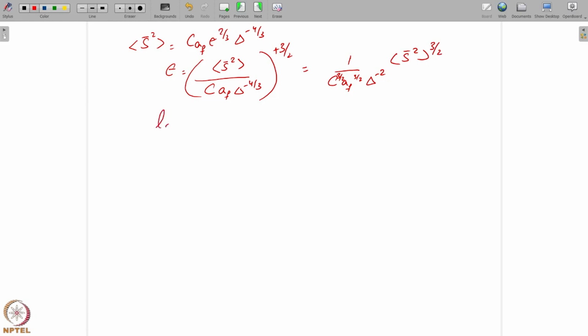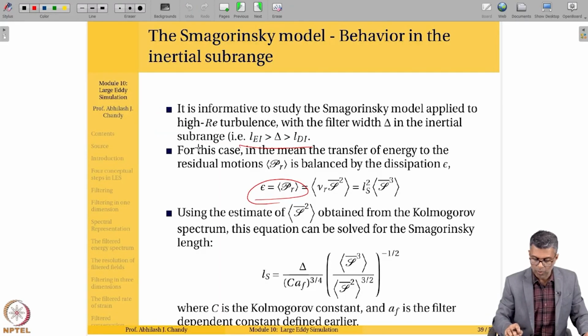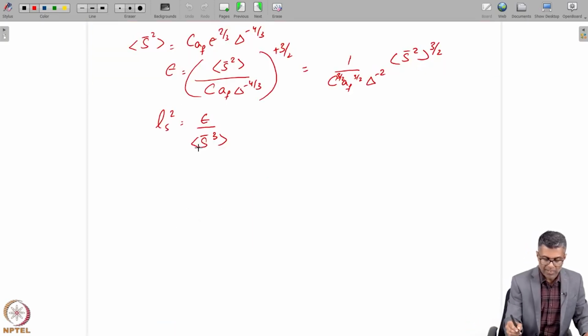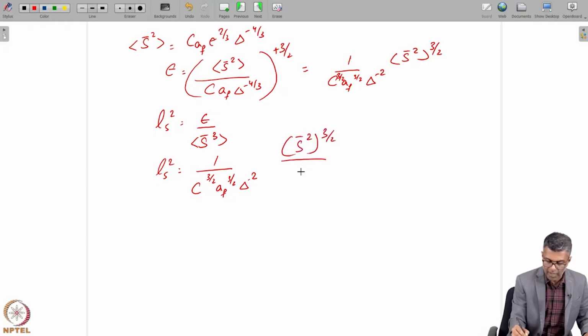We know that L_S squared is epsilon over S bar cube average, as you had seen here. Now I just substitute it in here. So L_S squared is going to be equal to C to the 3/2, A_F to the 3/2, delta to the minus 2, and then S bar squared to the 3/2 over S bar cube.